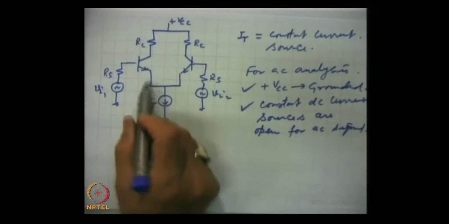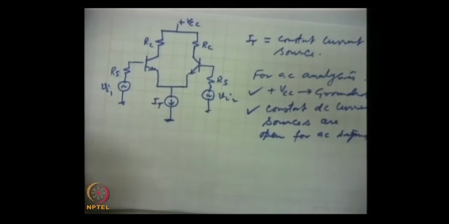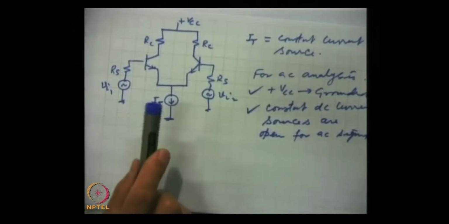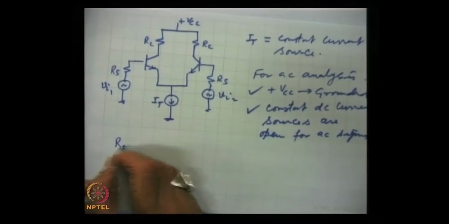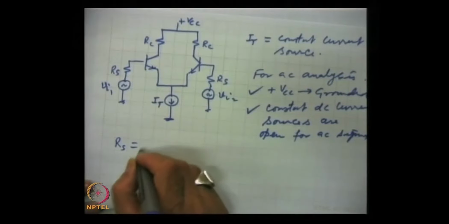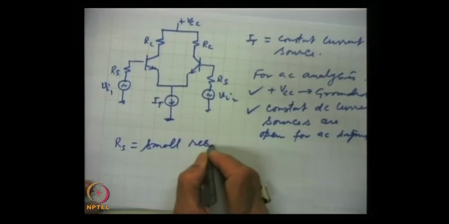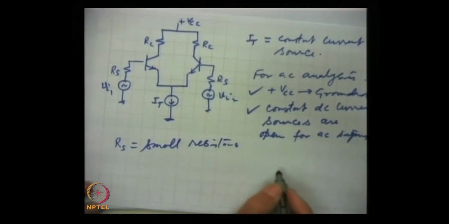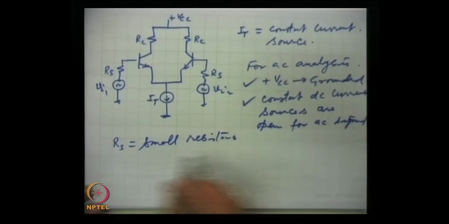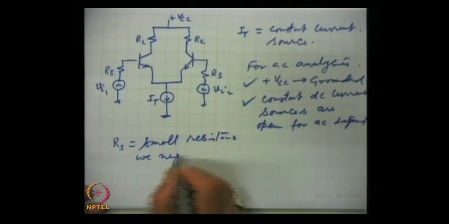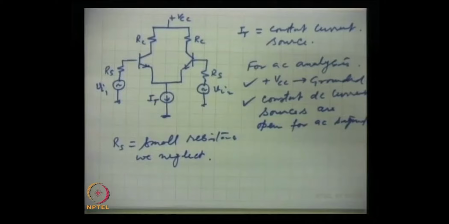Open means that no AC will propagate through this path. So, when we ground this and we open it, and these resistances RS, they are small resistance, so we can neglect it in this analysis to make the analysis a bit simple. So, we neglect. Then what is the circuit?